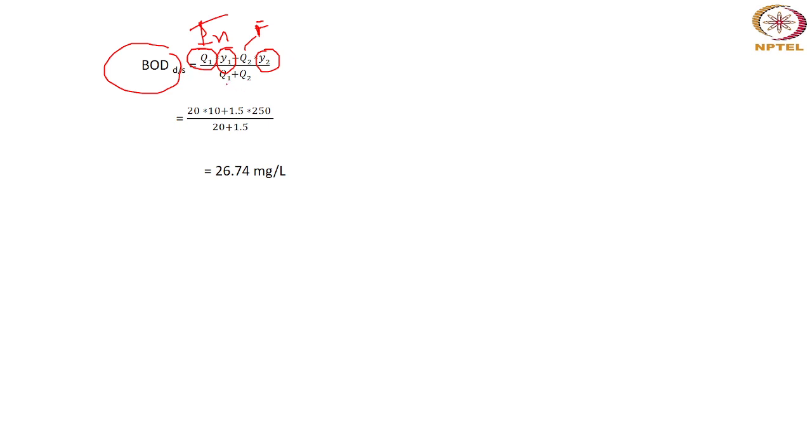And we are dividing this with the flow. So this is a simple mass balance: Q1 Y1 plus Q2 Y2 divided by Q1 plus Q2. And then we are getting 20 multiplied by 10 plus 1.5 multiplied by 250 divided by 20 plus 1.5, right? So if you do the calculation, you will get this 26.74.